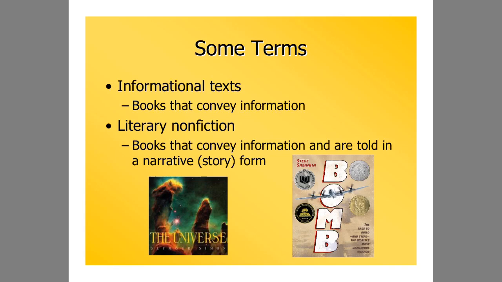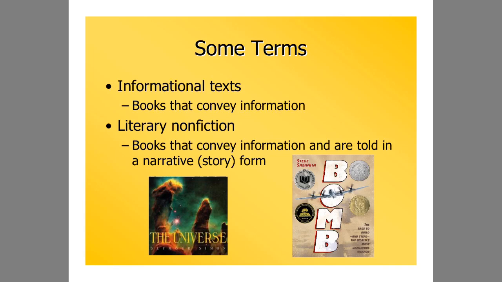So I want to differentiate between some terms that I'll be using throughout this presentation. One term that you should be aware of is the term informational text or informational book. And sometimes you see this term referred to as expository text. It really means the same thing. An informational text or an expository text is simply a book that conveys information.